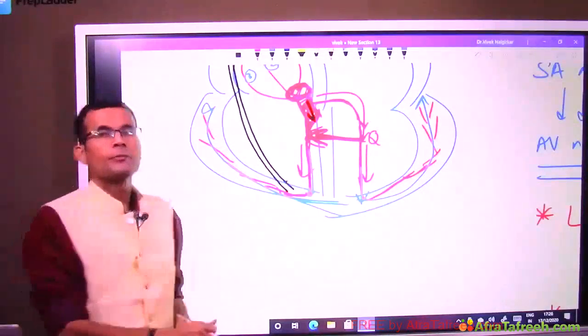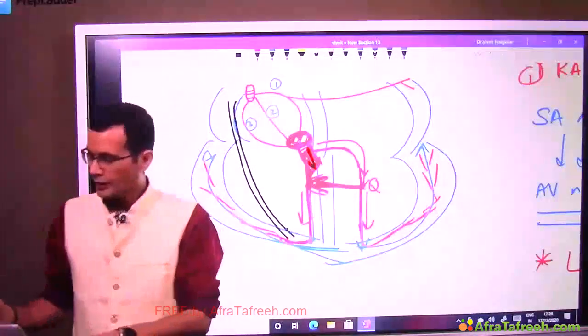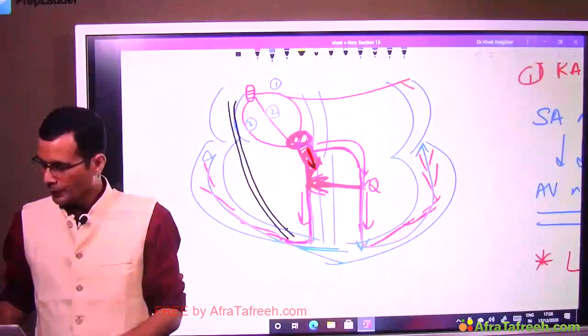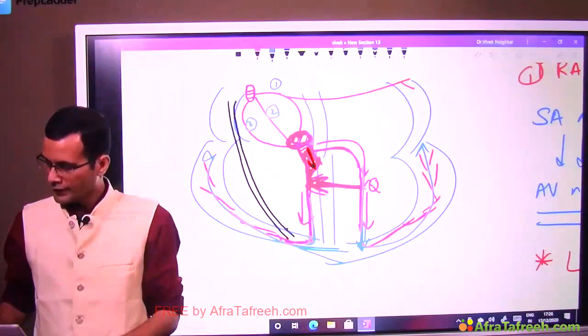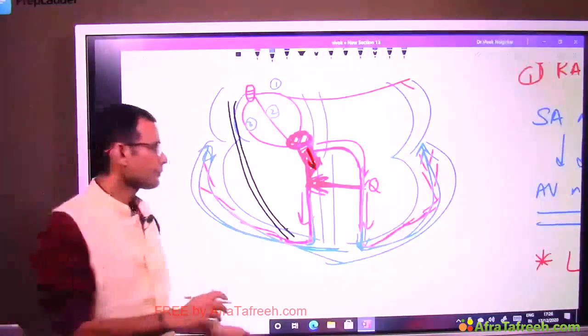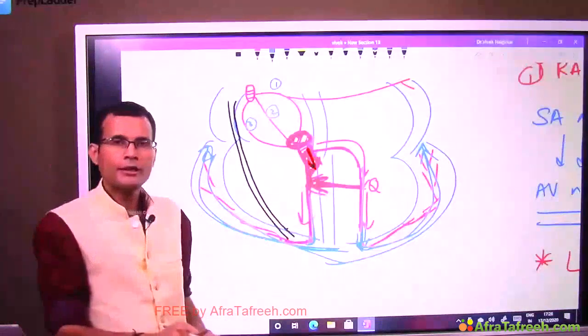You know why? What's the reason? Look, as I mentioned just now, the impulse will travel like this from apex to the base, and the ventricles will be excited.